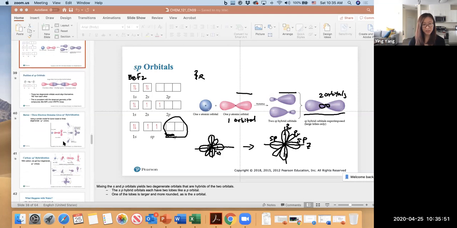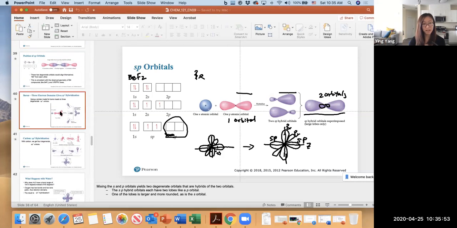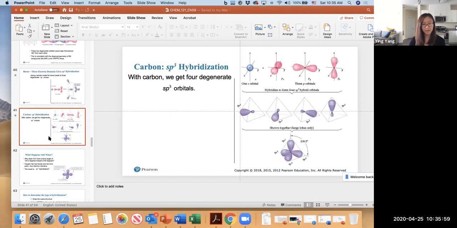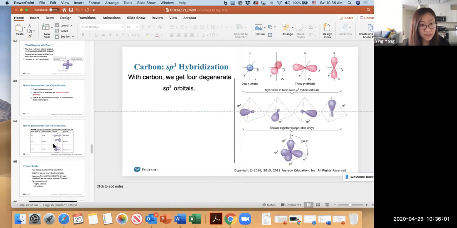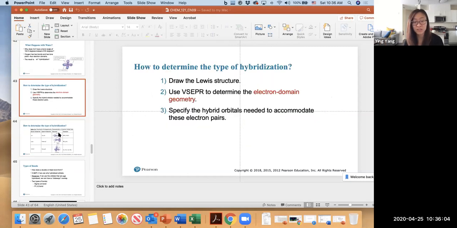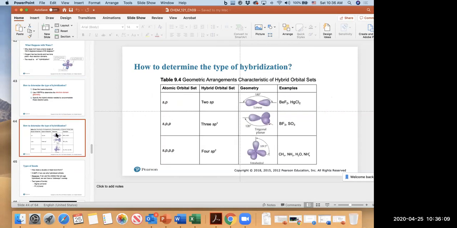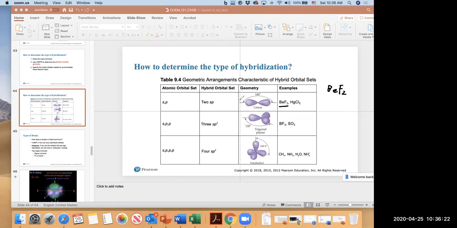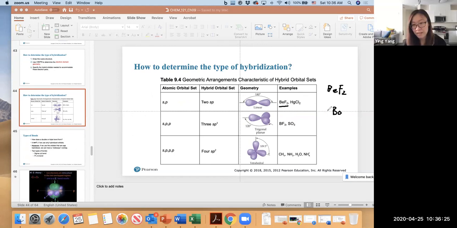I'm going to skip the sp2 and sp3 over here. But in terms of how to use this, one important thing is to determine the type of hybridization. How to determine it is you are going to use this table here. First, starting from a molecular structure, you need to draw its Lewis structure.